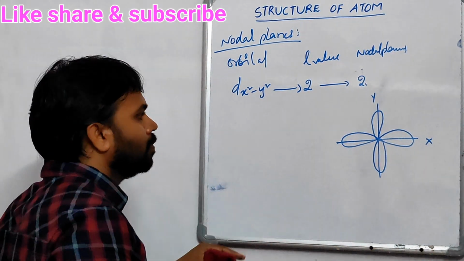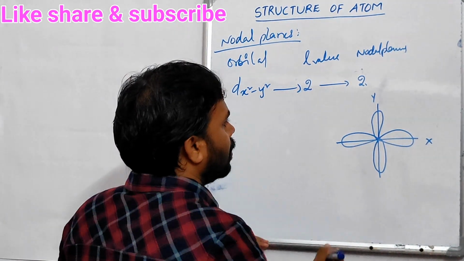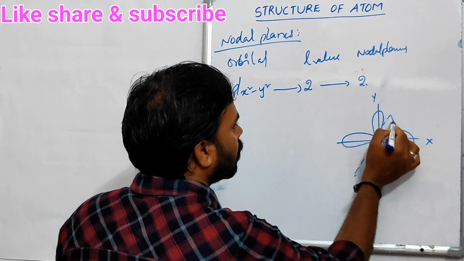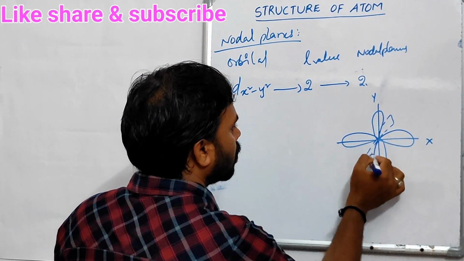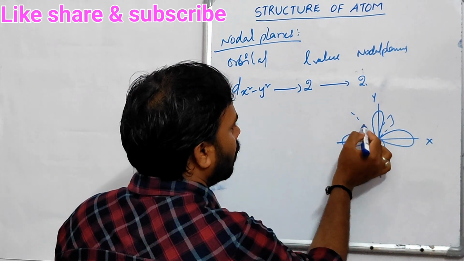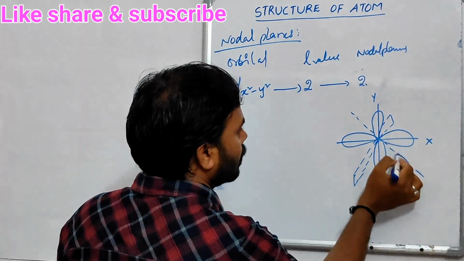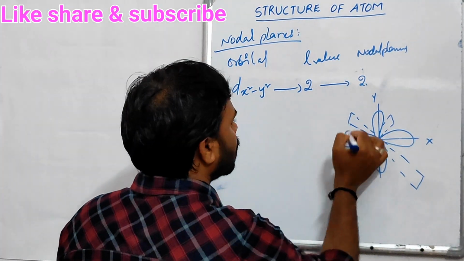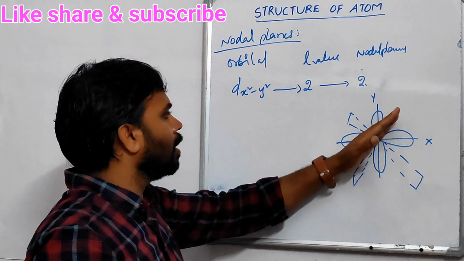Double dumbbell shape. It has two nodal planes. And another nodal plane is like this. These two nodal planes are like this.